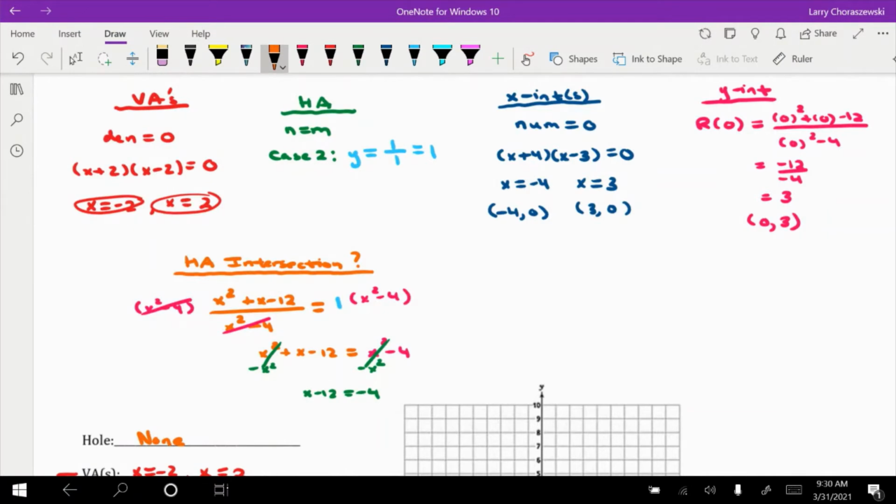And by adding 12 over, you would see that there is going to be an intersection between the graph and the horizontal asymptote because we got an answer for x. The point at which our graph is going to cross the horizontal asymptote will have an x coordinate of 8. And what do you think the y coordinate might be?